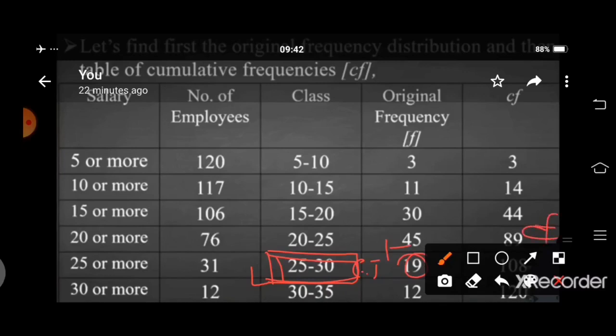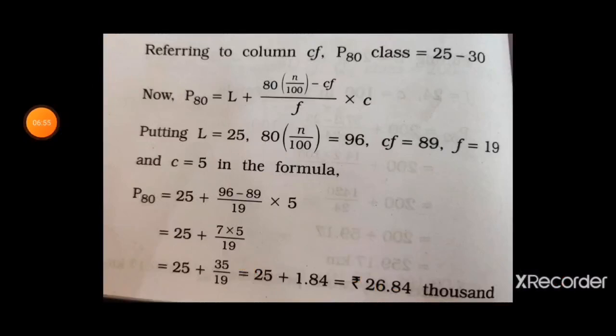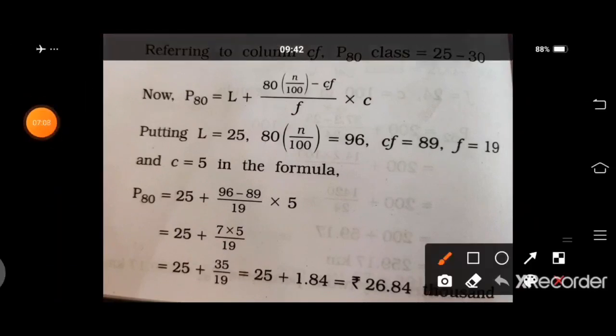Now put into the formula. Referring to the column CF, we already found out 25 to 30. According to that, we will put all values into the formula and find the answer. L plus, we have taken 25, then 80 into n upon 100, we have already answered 96.